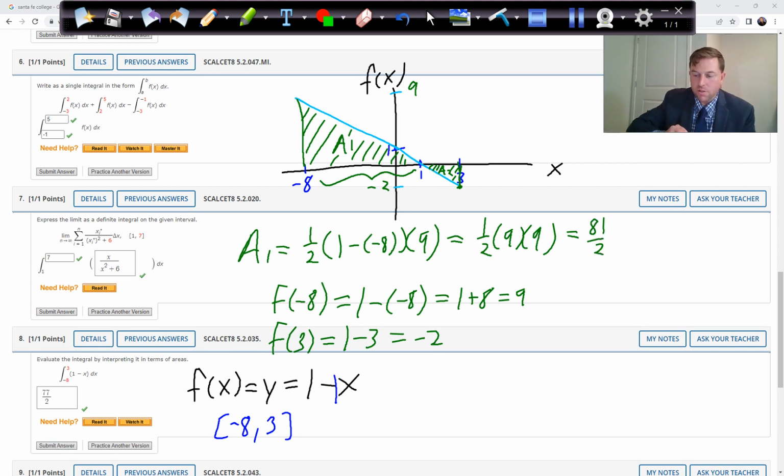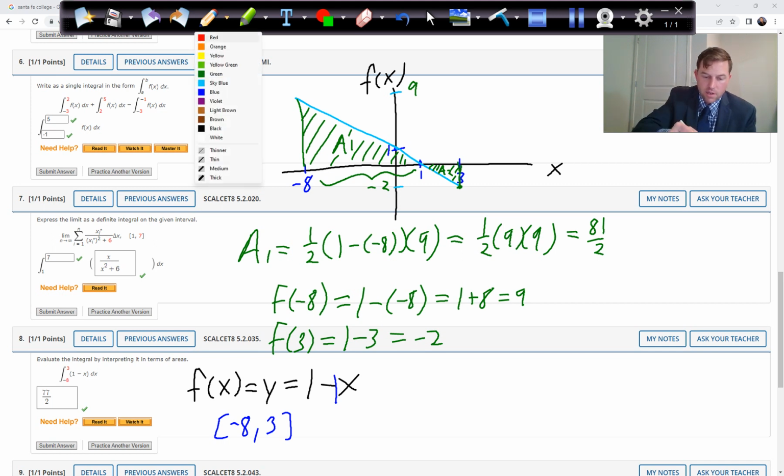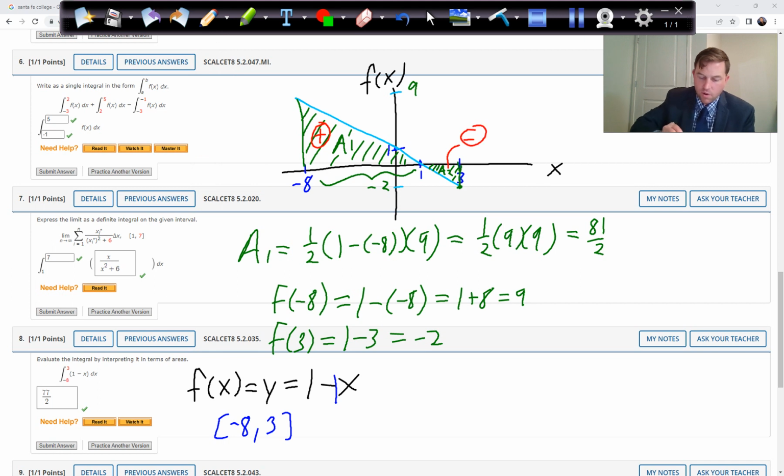Now, the definite integral also has a feature where areas above the x-axis are positive and areas below the x-axis are negative. So A2 is actually going to be negative because it's below the x-axis.